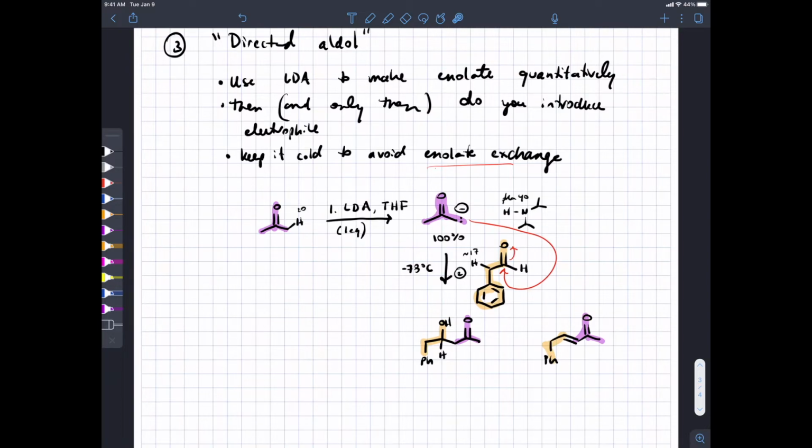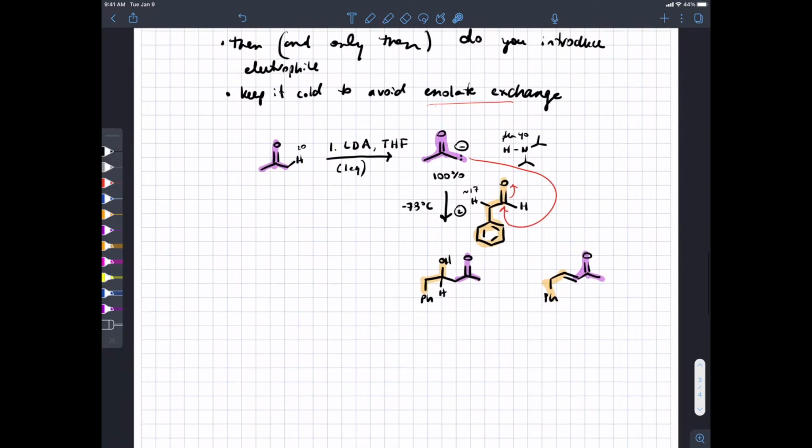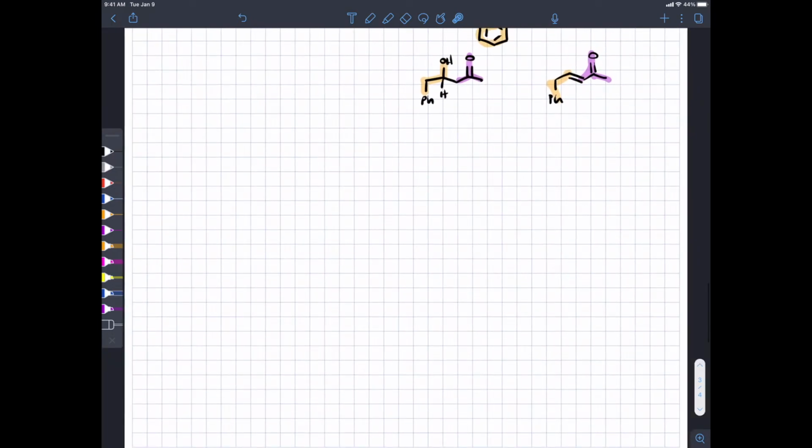Okay, we've done the intramolecular aldol reaction. We've talked about the crossed aldol reaction. Before moving on, I want to point out that we've said before that the aldol reaction is an equilibrium, which means that it can go backwards.